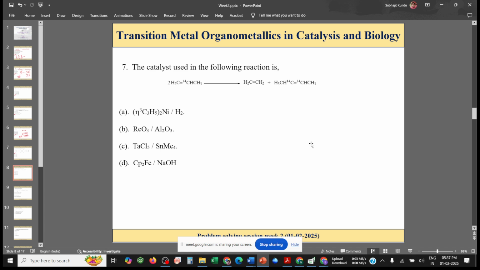Let's say here, if we talk about option 1, it is a nickel complex and hydrogen. So hydrogen generally does the reduction reaction in presence. So there is no connection of this reaction with this reagent. So option A can be eliminated easily.